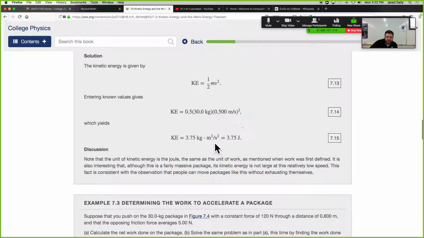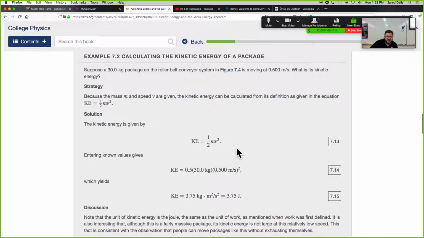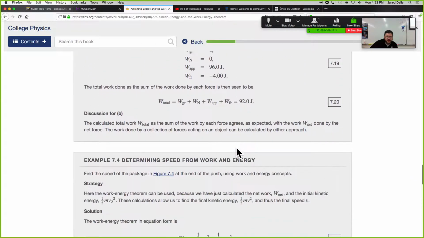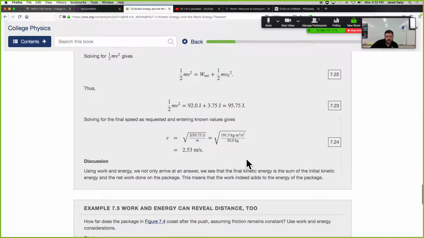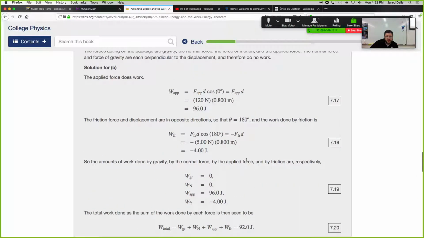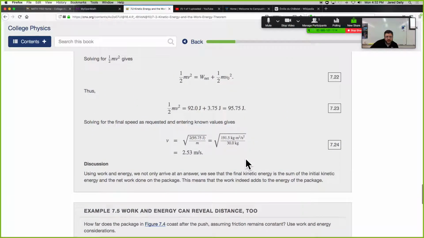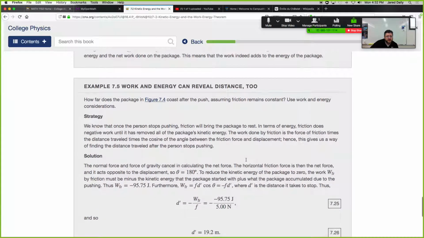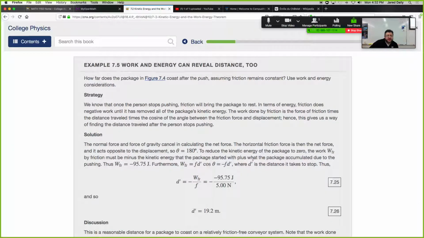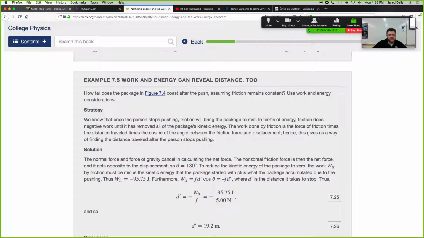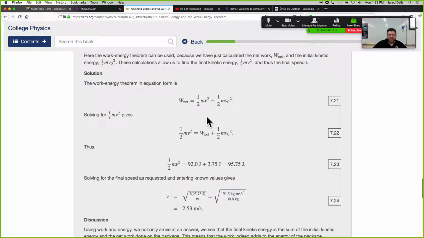The kinetic energy of the package after it's been pushed is 3.75 joules, right? Let's see, which one are we using here?